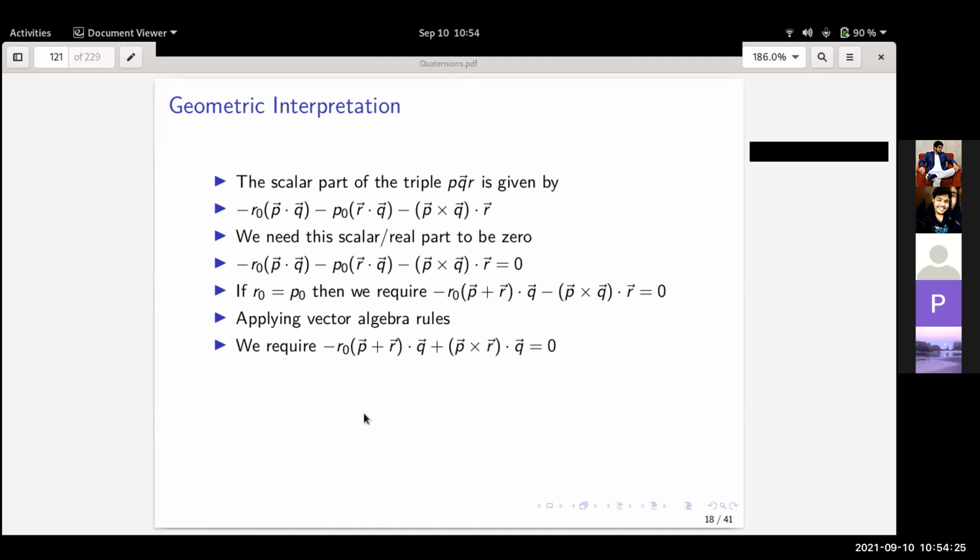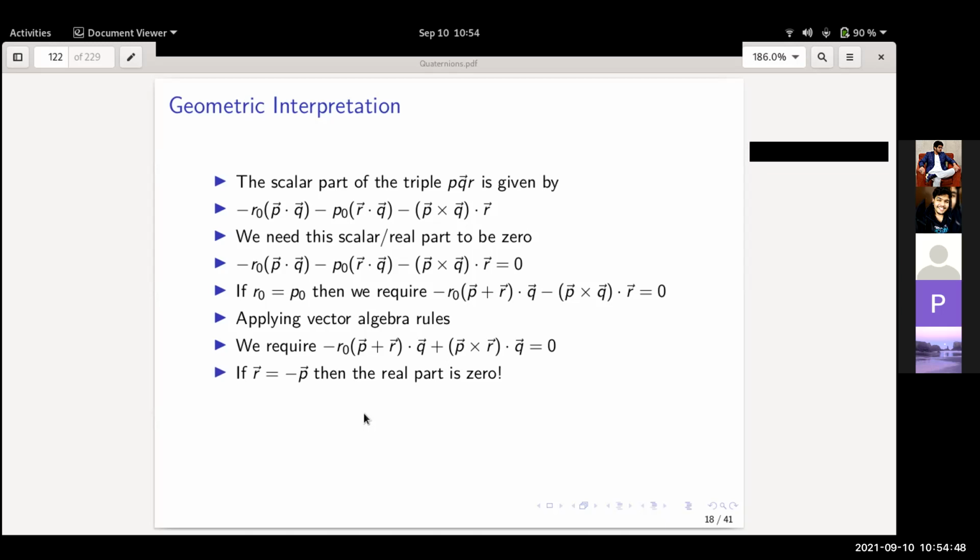P naught square minus P dot R plus P dot R, put that equal to 0. Okay, maybe then it is, yes. What I'm thinking probably is like PR is equal to.